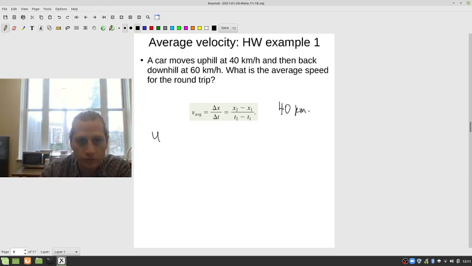So uphill, for instance, my delta x would be 40 kilometers, right? If I'm going to then look at my speed, my v in that region is going to be 40 kilometers per hour.